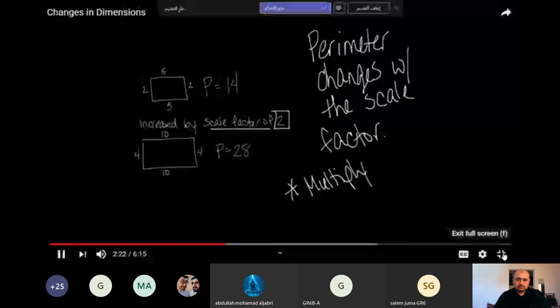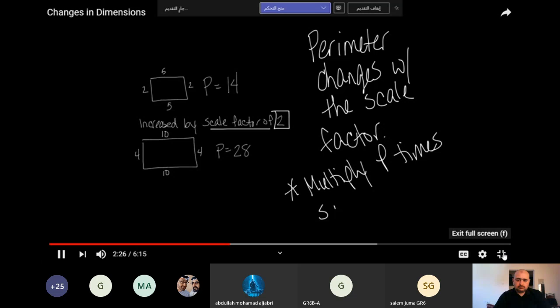Multiply the P, perimeter, times scale factor. And that's how you find the change in perimeter.